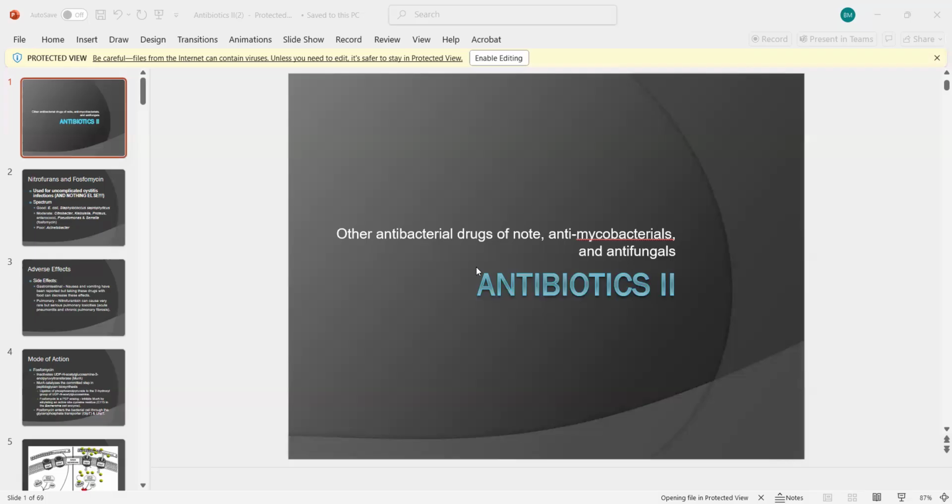These particular drugs are not very soluble, so they can precipitate out and cause interstitial nephrosis, leading to acute renal failure. And consequently, trimethoprim can cause hyperkalemia.